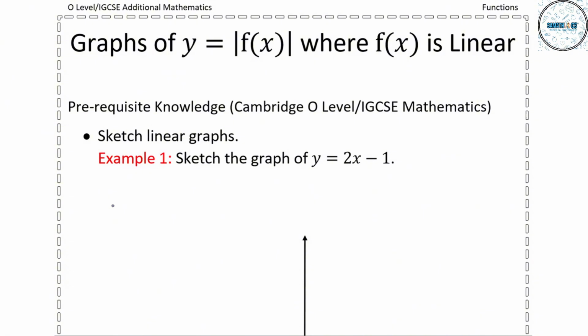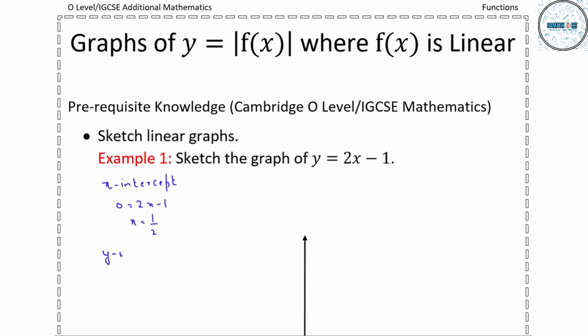Let's do the sketching of y is equal to 2x minus 1. First of all, we will take out x-intercept and y-intercept. For x-intercept, we have to take y value as 0. So we have 0 is equal to 2x minus 1. X is equal to 1 upon 2.